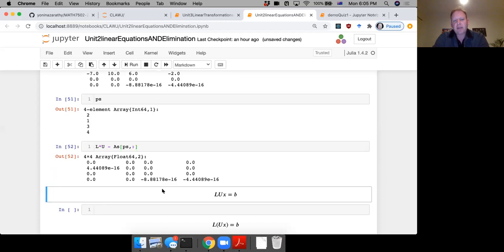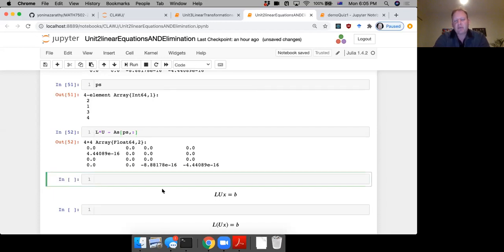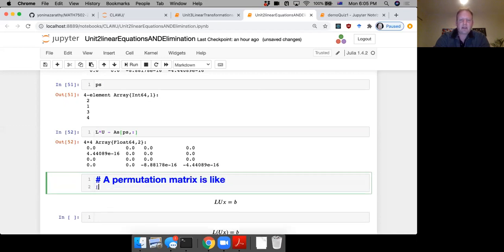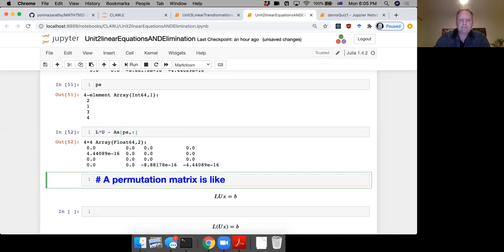Now, algebraically, a permutation matrix is like this matrix. Let's call this matrix PP.